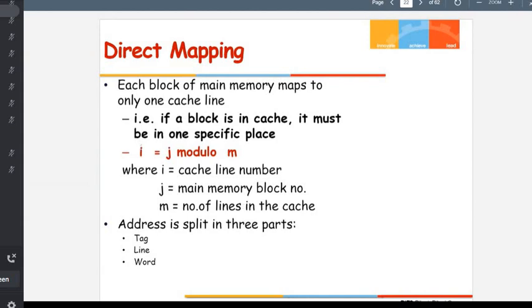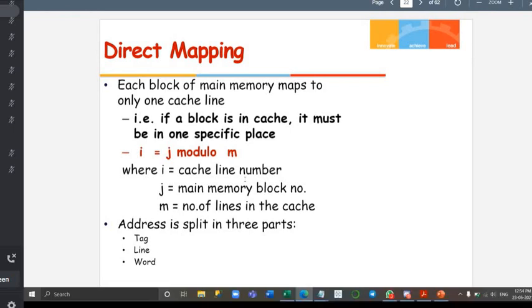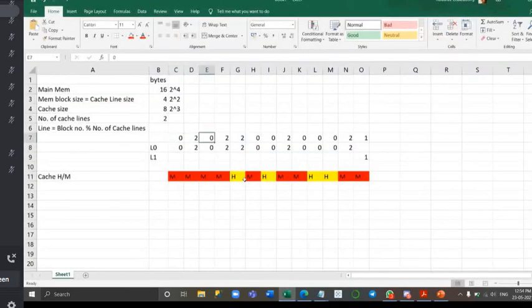So, I is the cache line number in which my data will be stored, or from which my data will be fetched, right? J is the block number which is coming from the memory. And M is the total number of lines in the cache. Understood. So, if this would have been say 5, it would have gone to line number 1, because 5 modulo 2 is 1.